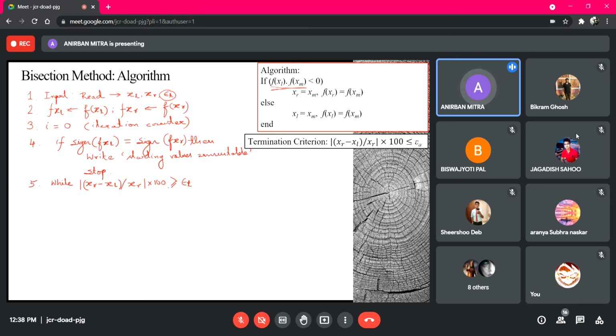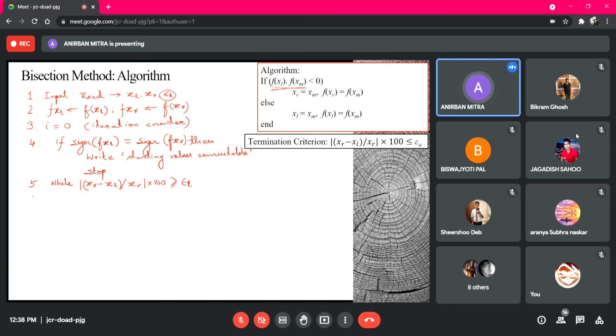Here we have considered the greater than sign. While this approximate relative error is greater than this error limit, we continue the iterative procedure.